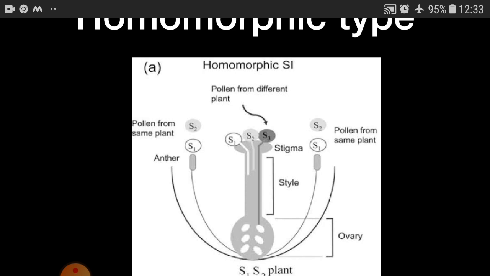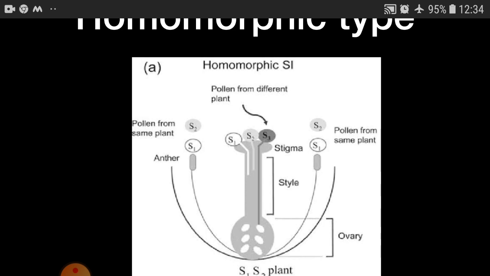If the compatibility is controlled by the genotype of sporophytic tissue from which the pollen is derived, or the sporophytic tissue of stigma, then it is known as the sporophytic incompatibility.